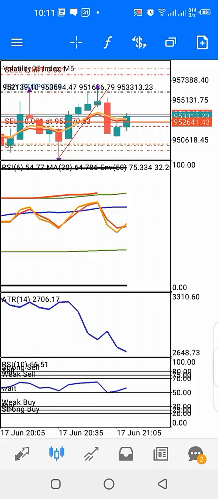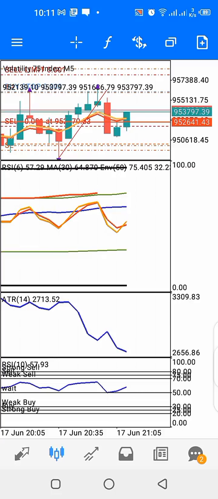That is if the buy stop gets triggered and turns to a buy trade. So I'll have 2,500 points for my take profit for the buy trade, and 2,500 points for my take profit of the sell trade.